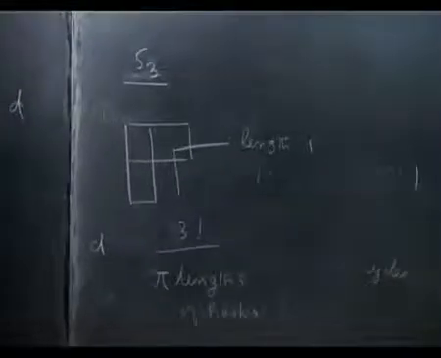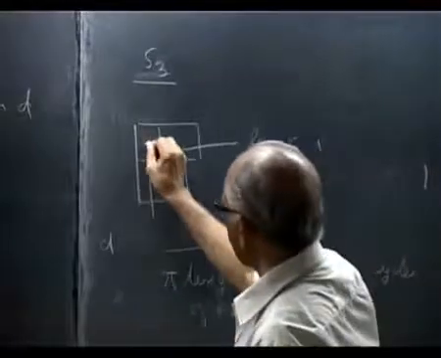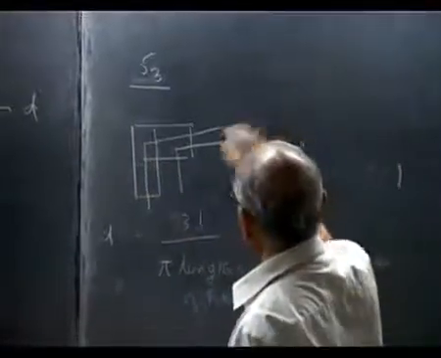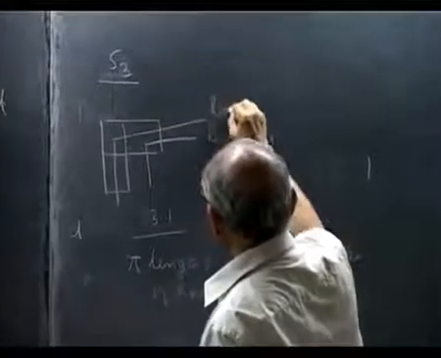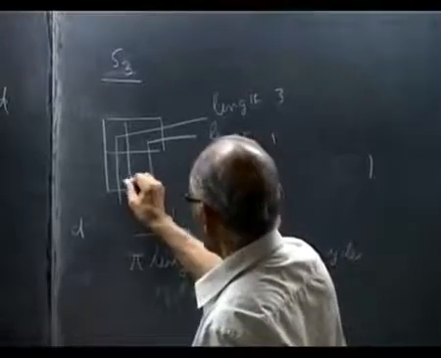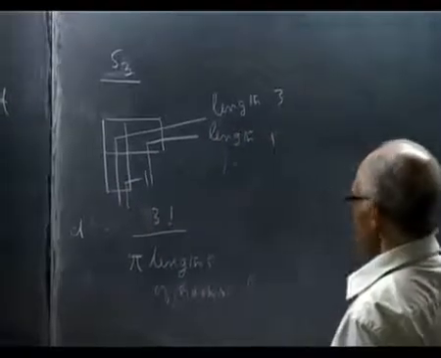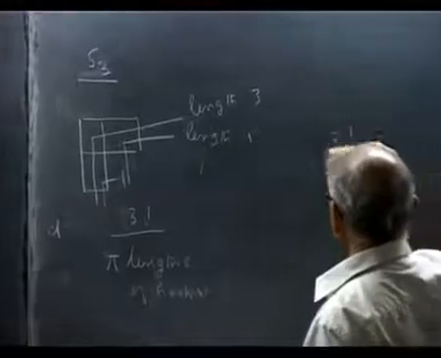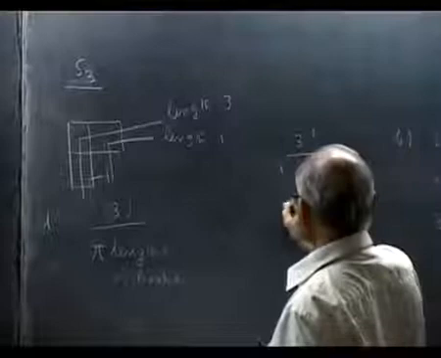Then there is another hook going up here, whose length is 1, 2, 3. And there is one more, of length 1. So this is equal to factorial 3 divided by 1 times 3 times 1, which is 2.